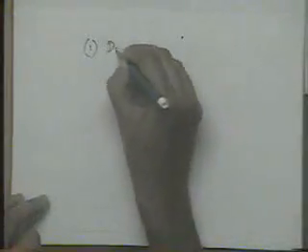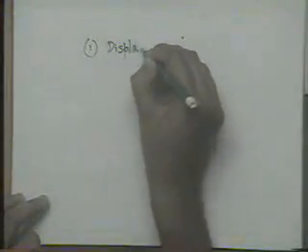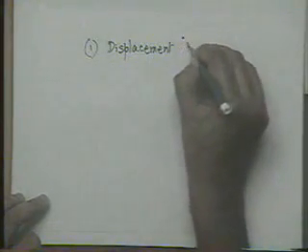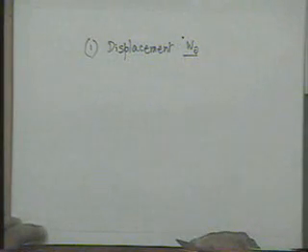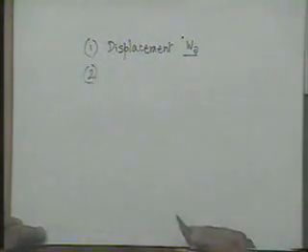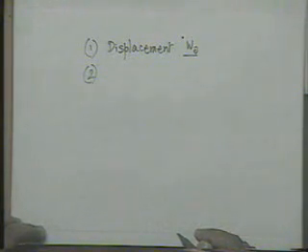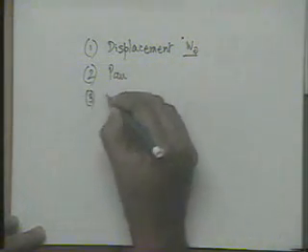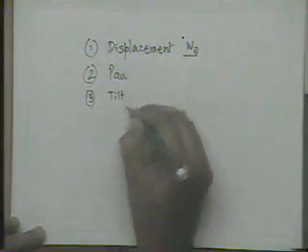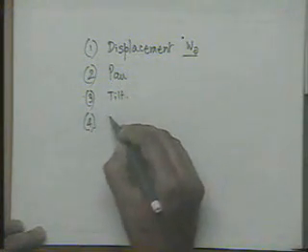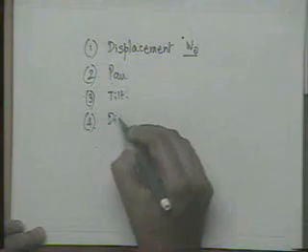So the first factor which we have to take into consideration is the displacement by an amount W0 vector. And then the second factor is the pan, the third factor is the tilt, and then we have to consider the displacement vector R0.